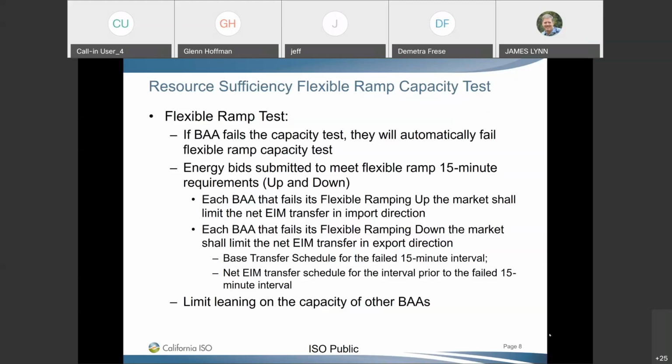We're not allowing any netting to occur based upon your balancing authority area. So there is no real direct correlation between the flexible ramp awards and the flexible ramp test, but it does limit the amount of energy you can have coming in, and it does limit the ability for your flexible ramp requirement to be used to net against the EIM area requirement.